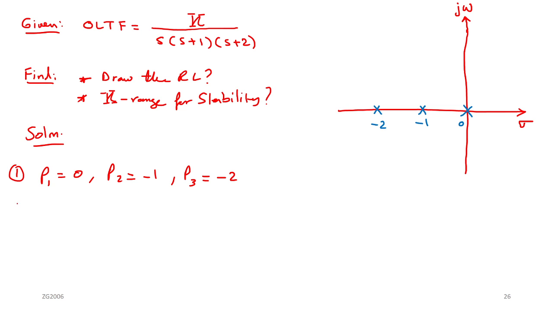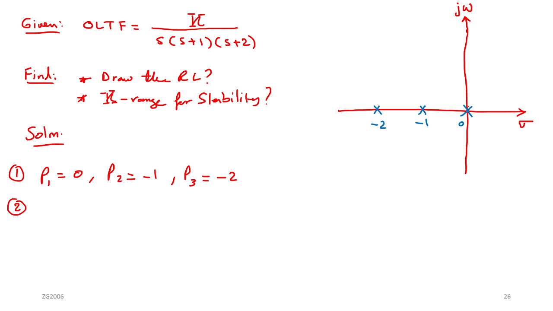Rule number 2, number of branches. Or let me do this next, it doesn't matter. Let me locate the root locus on the real axis. If we have a root locus on the real axis, then it's going to be to the left of an odd number of poles or zeros. It doesn't matter pole or zero. We start from the right and we count, not the value, counting.